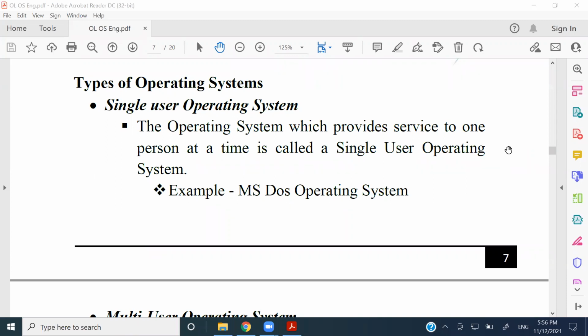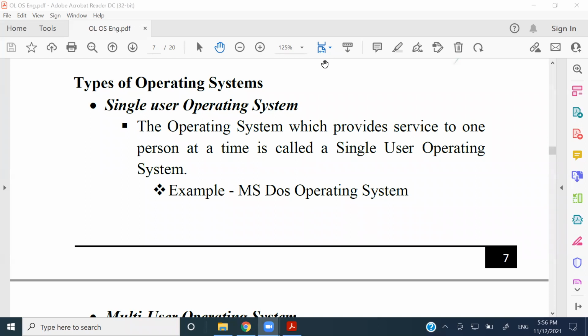Right now, here they haven't gone up to that advanced manner in your syllabus, right? They have just categorized it as a single user operating system, which gives you the idea that a particular operating system is being used by only one person, right?